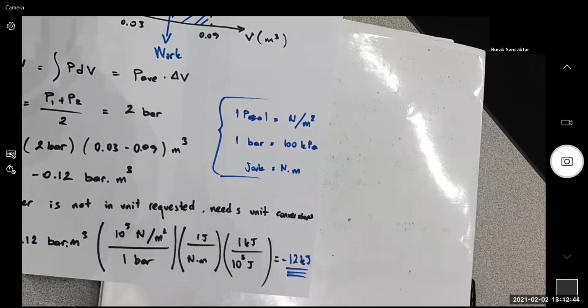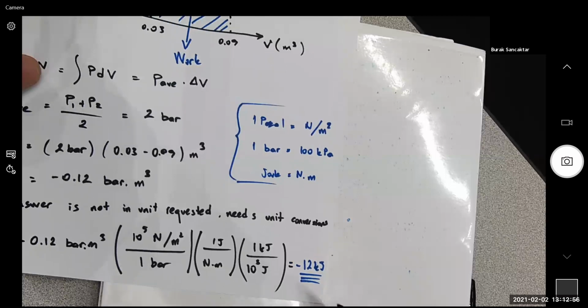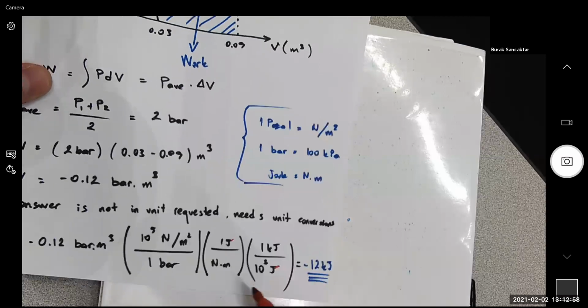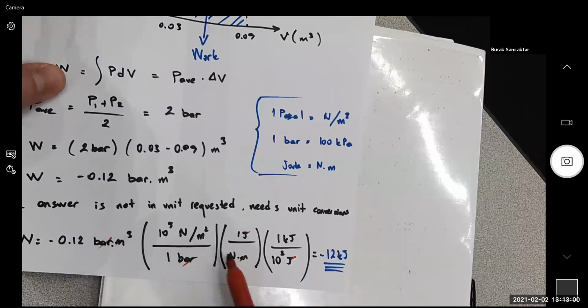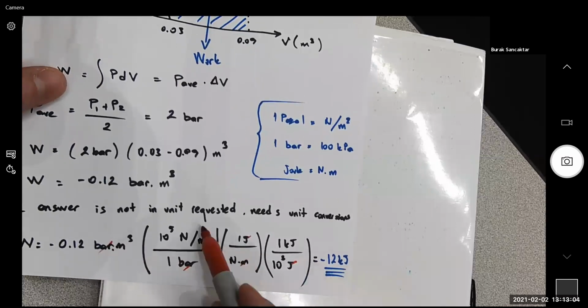Bar cancels out, meter, meter squared, meter cubed cancel, and I have kilojoule left.